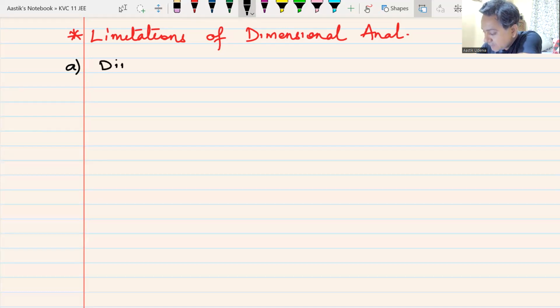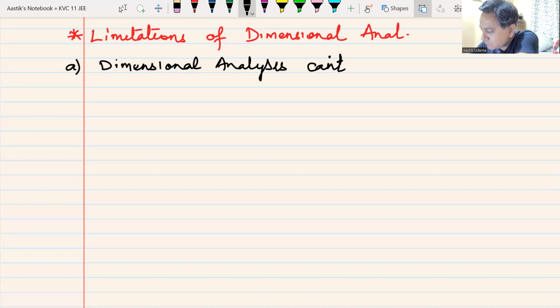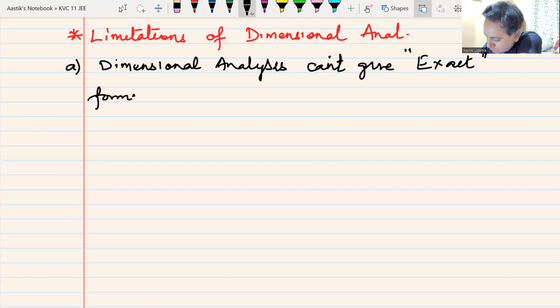The first limitation is dimensional analysis cannot give exact formula.